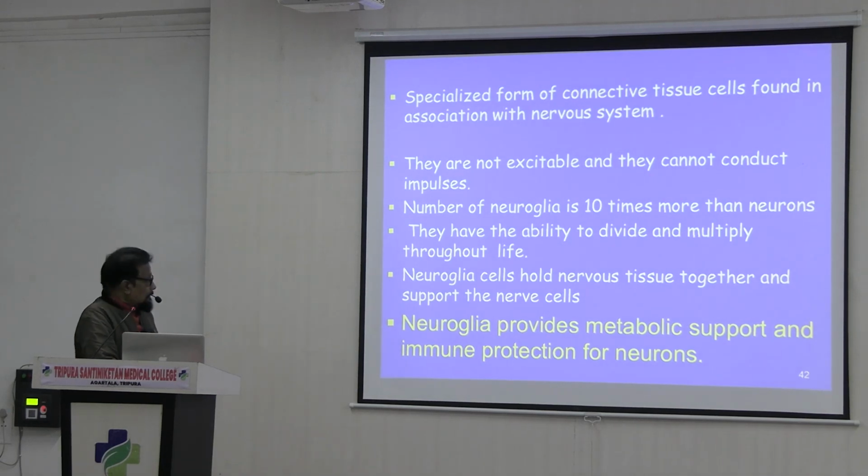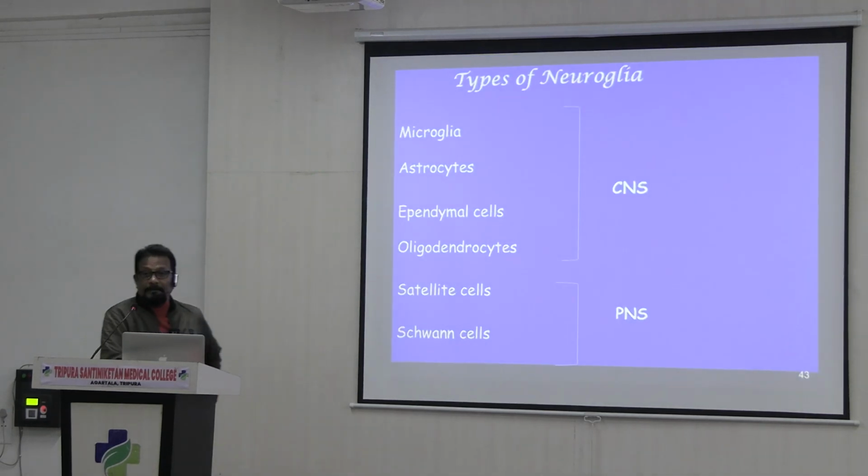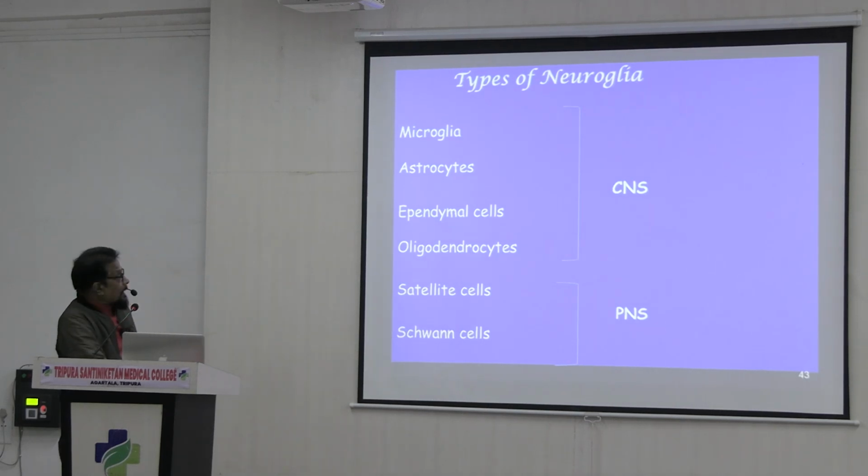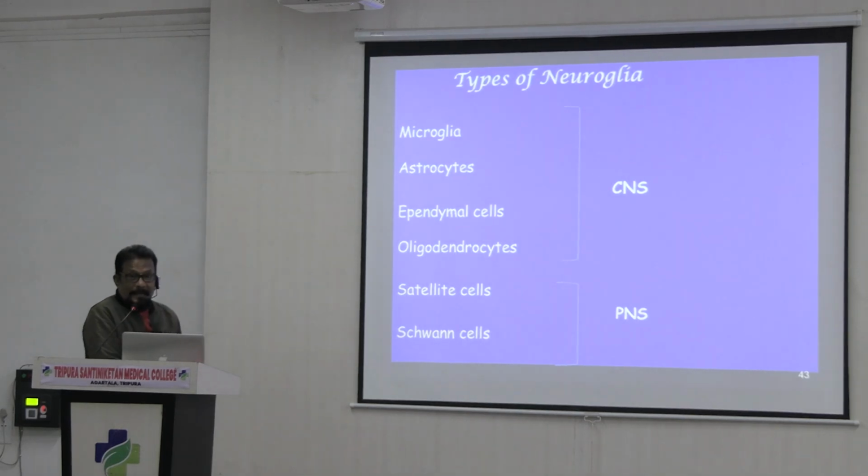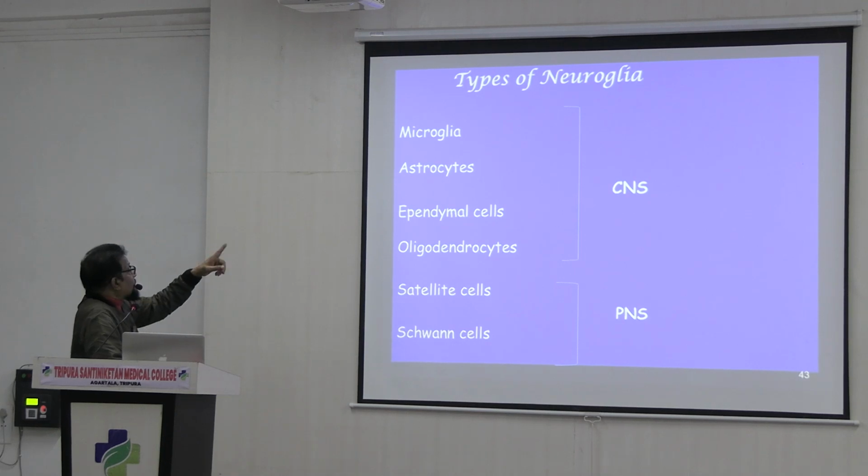So we can divide the glial cells into 6 types. The glial cells present in the central nervous system, that is in brain and spinal cord, are of 4 types.